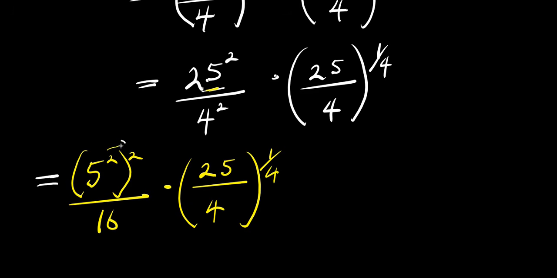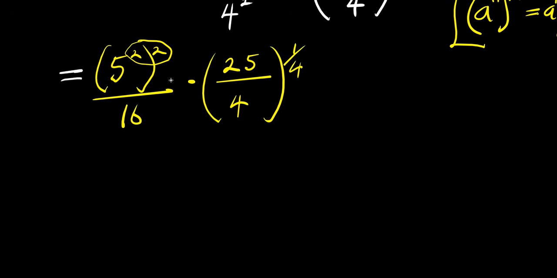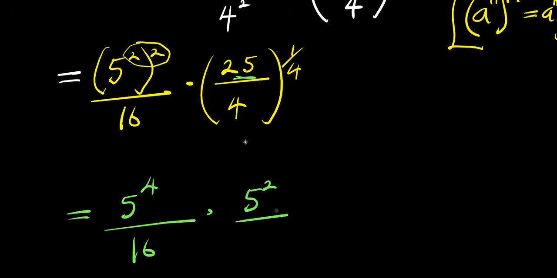Now, you can multiply this out using the identity a power n raised to the power of m equals a power n times m. So what we are going to have will simply be 5 to the power of 2 times 2, that is 4, divided by 16 times. For this, we can express this 25 divided by 4 as 5 power 2 divided by 2 power 2, and this is raised to the power of 1 over 4.